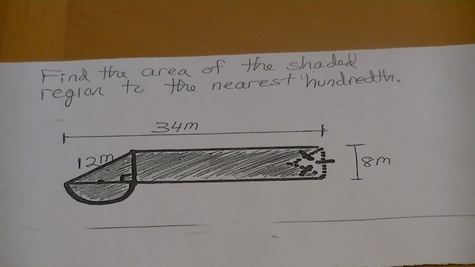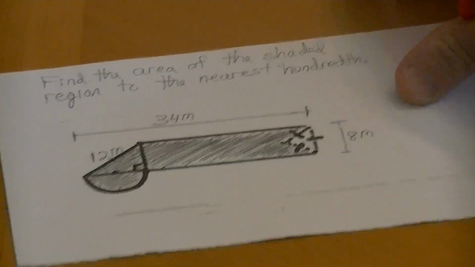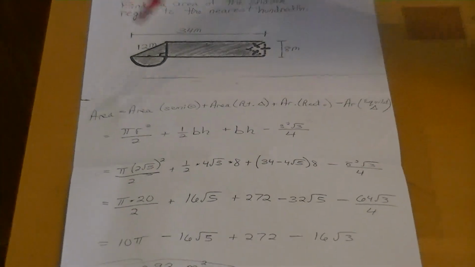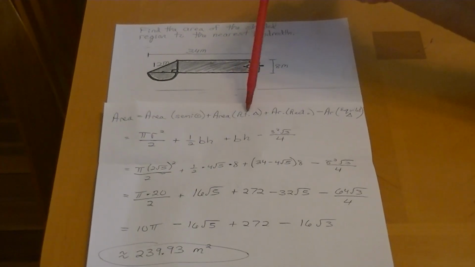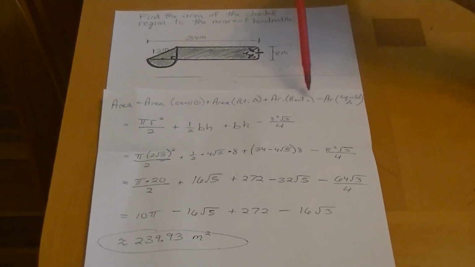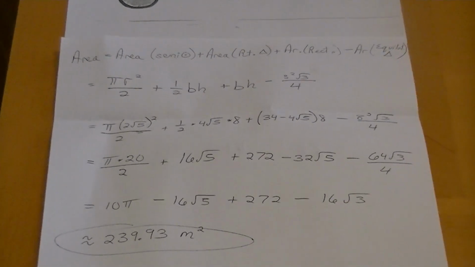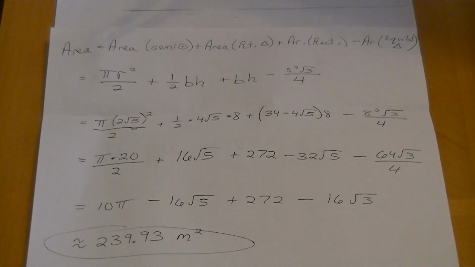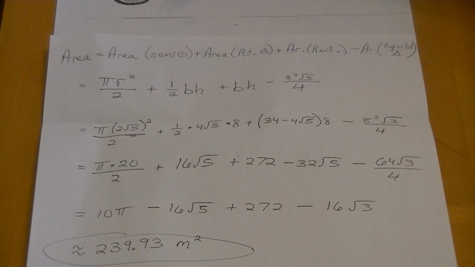All right, so one thing to ask yourself is, did you show the work the way I'm asking you to show your work, which is, did you start by writing out the words that we've got a semicircle plus a right triangle plus a rectangle, and we're subtracting an equilateral triangle? And if you did that, did you do the next thing I'm going to need to see, which is what formulas are you using? Semicircle is pi r squared divided by 2.